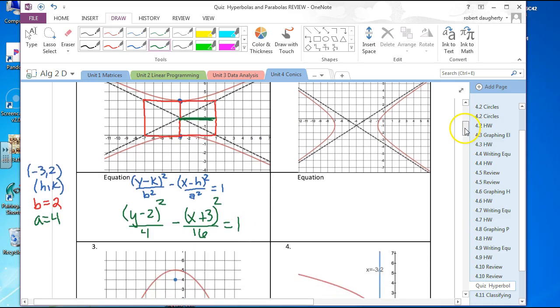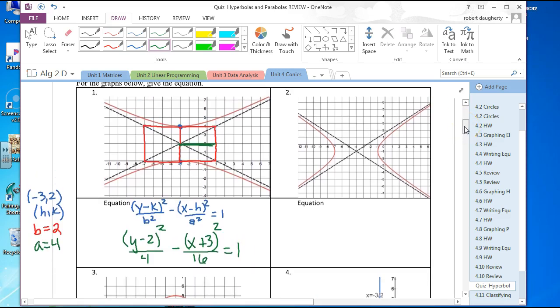Next one, similarly, it is a hyperbola. This one is horizontal. So this will look like x minus h squared over a squared minus y minus k squared over b squared equal 1. It looks like in this case, h, k is -4, -1, so centered at -4, -1.